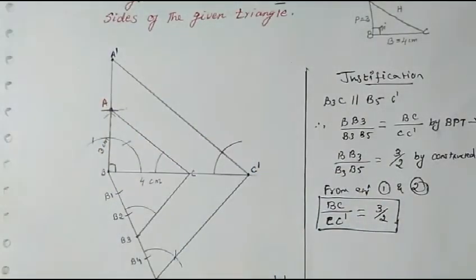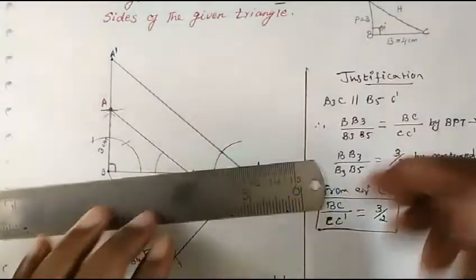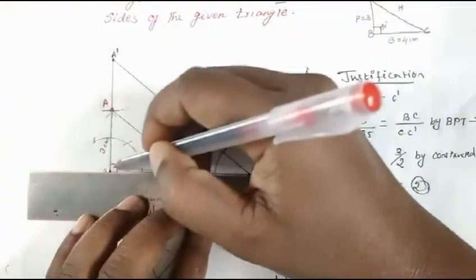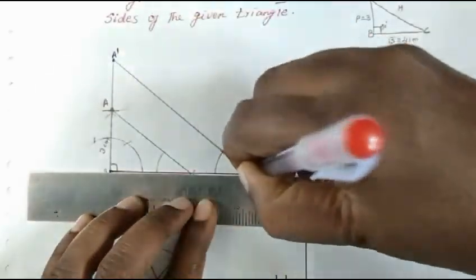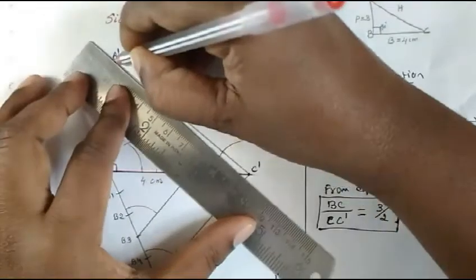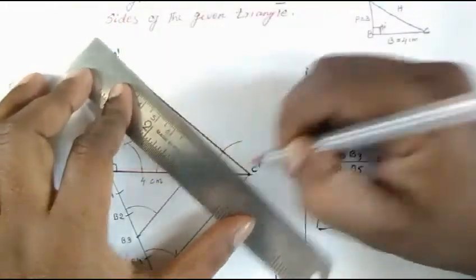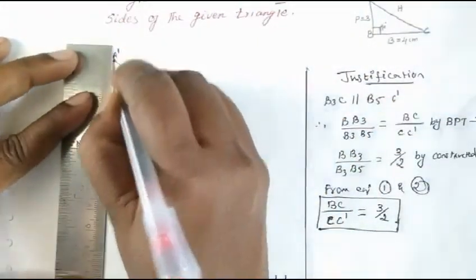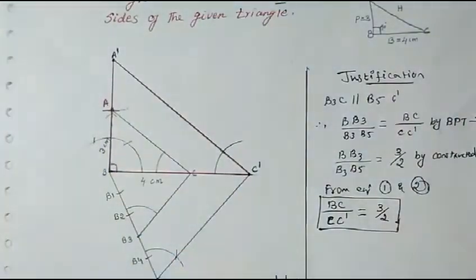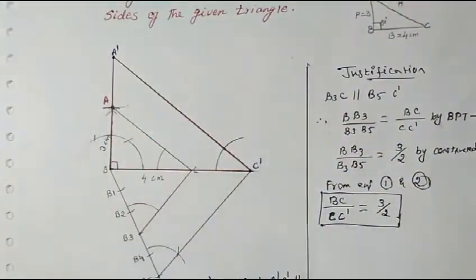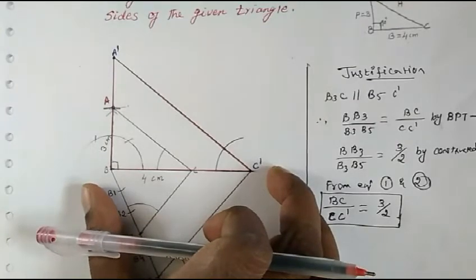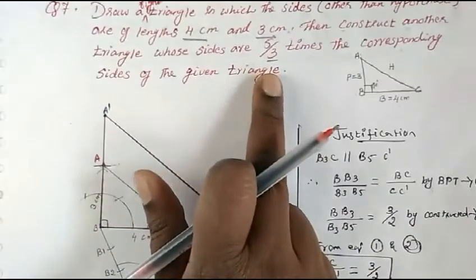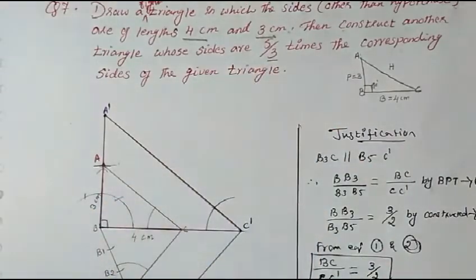This bigger triangle's side upon this side is in 5 upon 3 ratio.